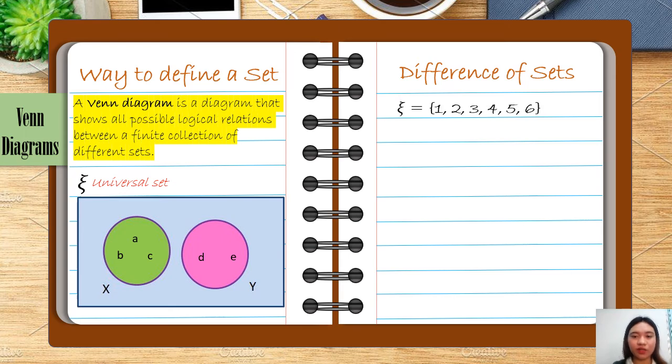Let's have the difference of sets. Given a universal set which is 1, 2, 3, 4, 5, and 6, set A is 1, 2, 3, 4, and 5. Set B is 3, 4, and 5.